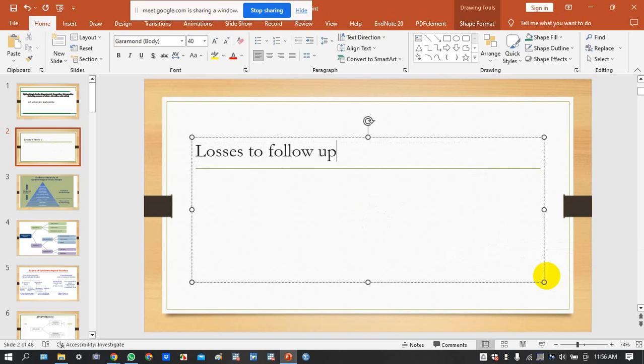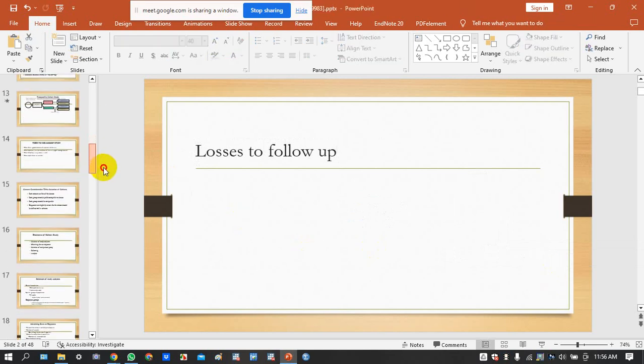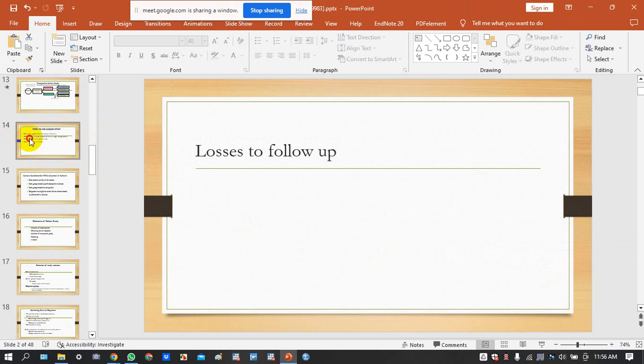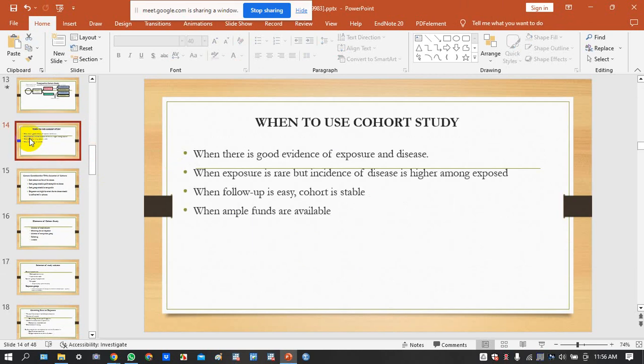Next time when you come, you are searching for the woman, you will not find her again, because she and the husband have migrated to another place, or there is war in Bawku. So if you are doing a study in Bawku, your cohort will not be stable, because everybody has run away from Bawku. So your study has now come to a standstill. Okay, and also when there is ample money, because a cohort study requires a lot of money to conduct.